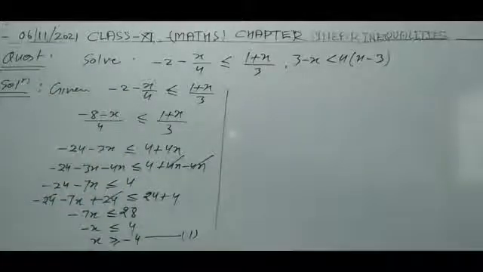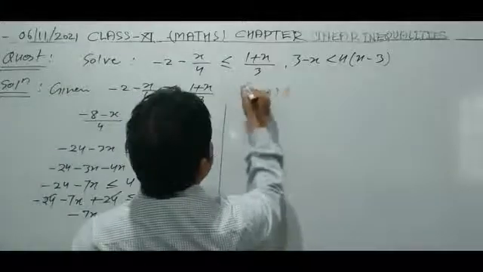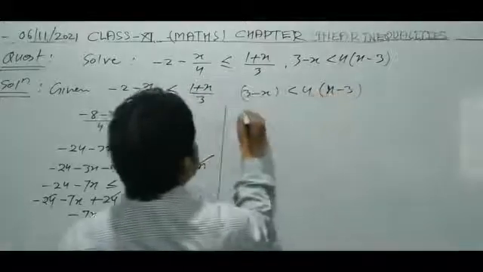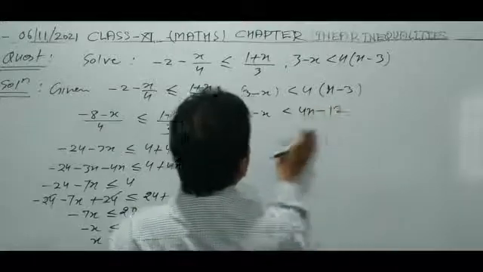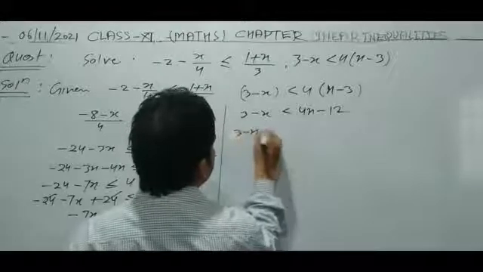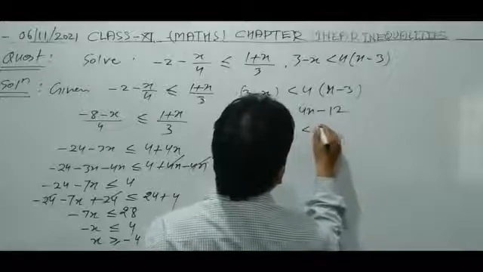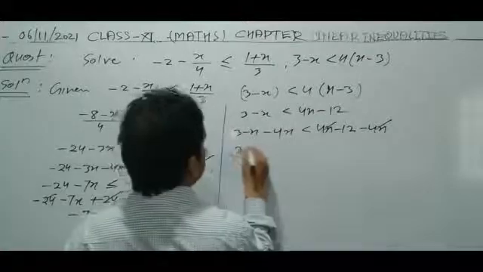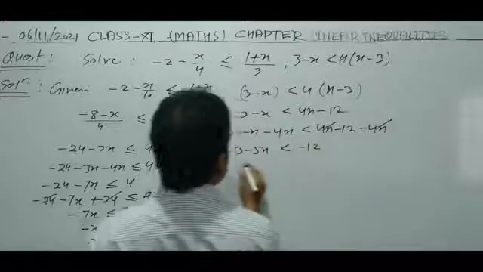Now the second is 3 minus x is less than 4 times x minus 3. So 3 minus x is less than 4x minus 12. Now suppose you subtract 4x: 3 minus x minus 4x is less than 4x minus 12 minus 4x. This is 3 minus 5x is less than minus 12.